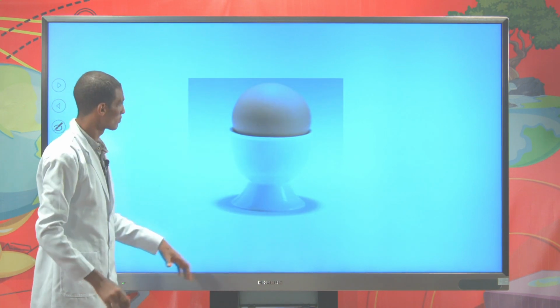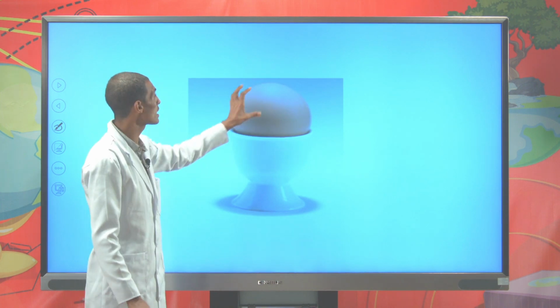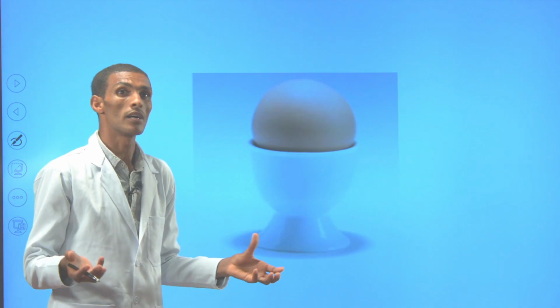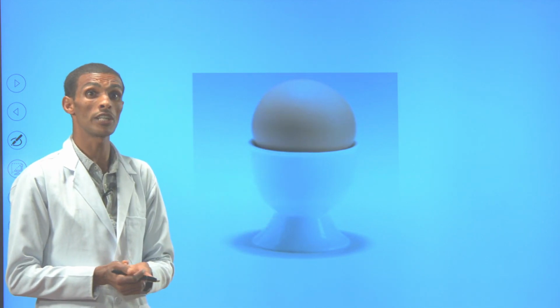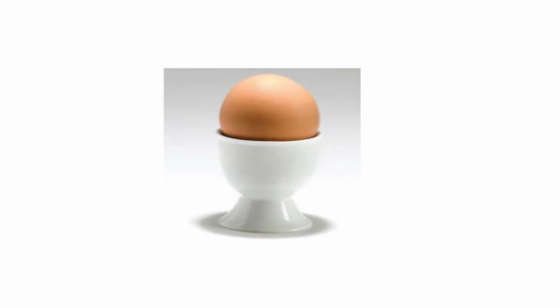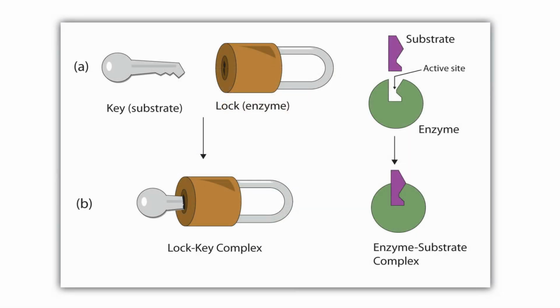For example, here, according to this model, the shape of the substrate binds to the enzyme like the shape of an egg that fits complementarily with its shell, or the shape of a key that fits its lock. You cannot open one lock with another key. The same is true: one enzyme can act on one substrate. This complementarity can reduce activation energy.